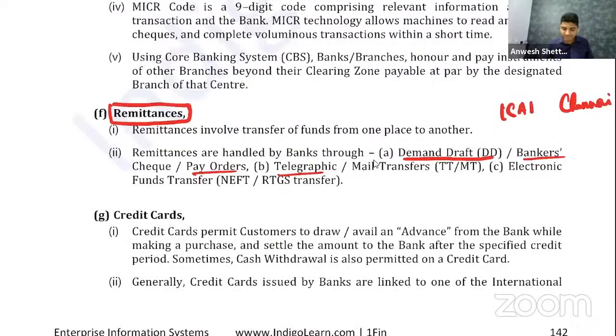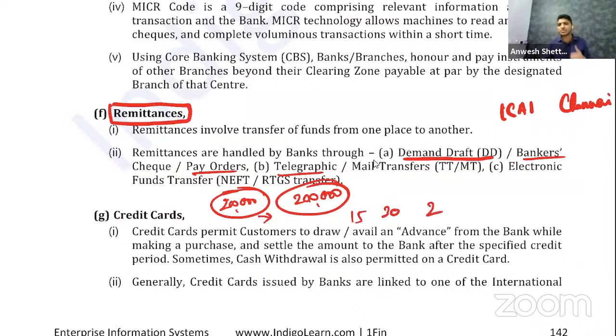If the amount is less than 2 lakh rupees, we use NEFT, and if the amount is more than 2 lakh rupees, we use RTGS. In NEFT, when you pay, it sometimes takes 15 minutes, 30 minutes, or up to 2 hours to transfer money from one bank account to another. But these days we use IMPS. IMPS is immediate. You just send and the money is received by the other person.